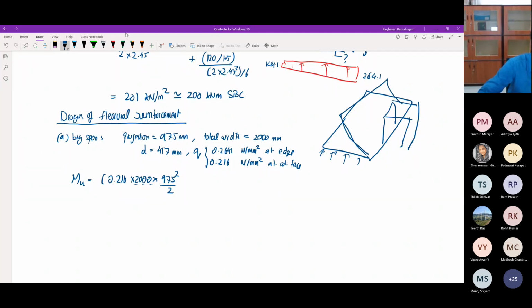So there's going to be a bending happening this way. So it's like a cantilever, which means it should be WL square by 2. But the breadth along which this load acts is B, 2000. That's why the pressure is 0.216. So 0.216 times 1000 times whatever this L square by 2 is. This L is only 975.